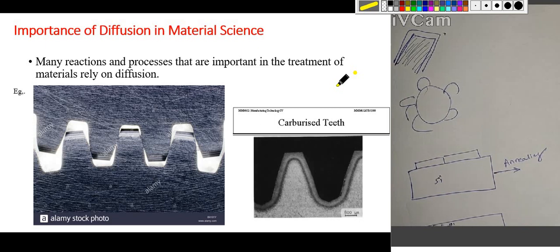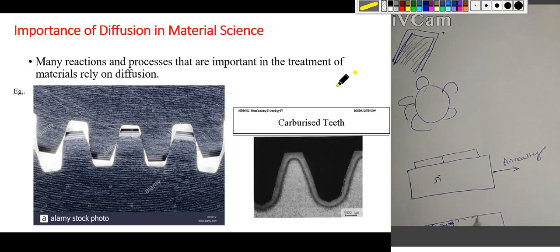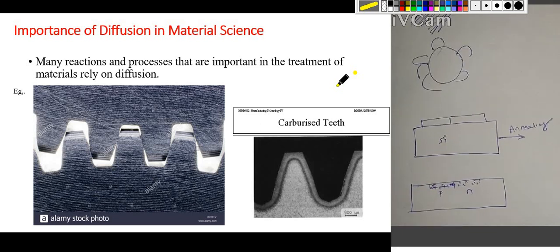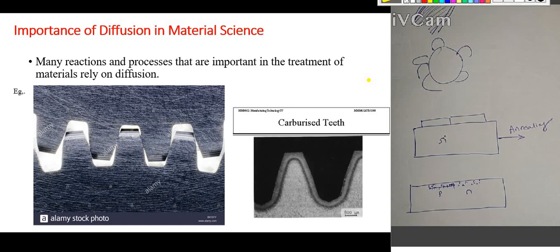This is the area with the P region, and this region with the N region. By annealing, the process which occurs here is diffusion. So here also diffusion is an important process for developing PN junction diodes. That is the importance of diffusion.